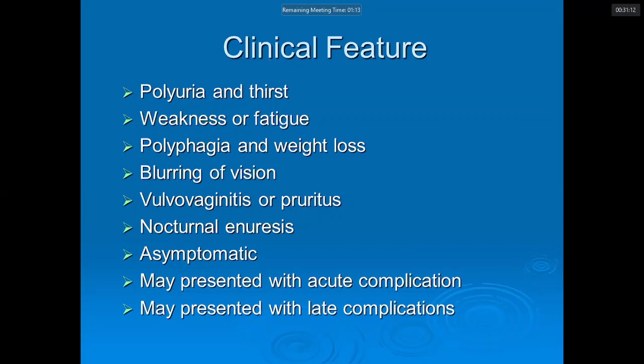Weakness and polyphagia and weight loss. In spite of polyphagia, patient is losing weight. Very important, loss of weight with good appetite, you need to think to rule out diabetes mellitus as a cause. Blurring of vision, vulvovaginitis or pruritus, and we have nocturnal enuresis, especially in children.